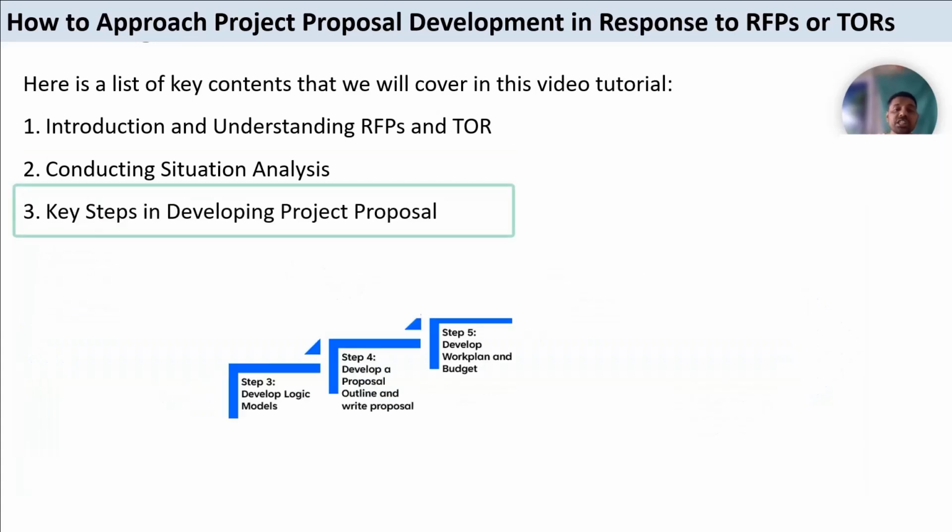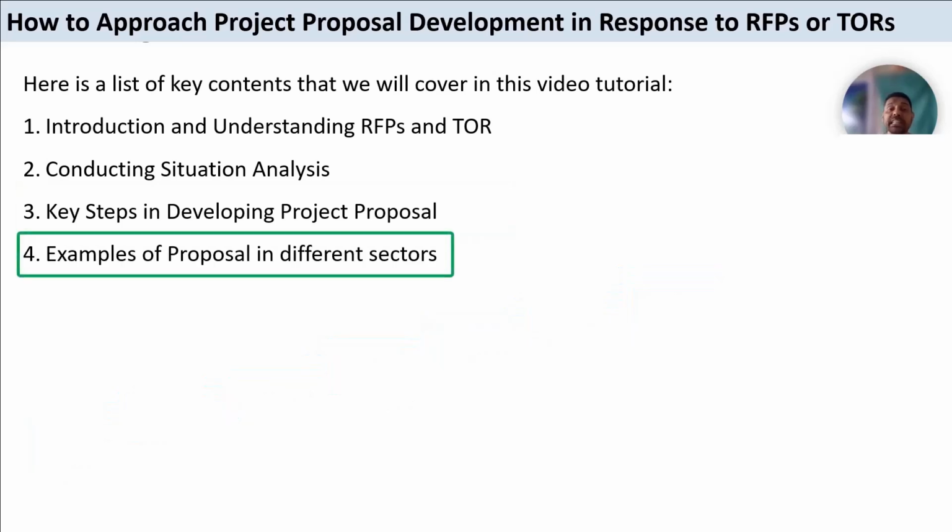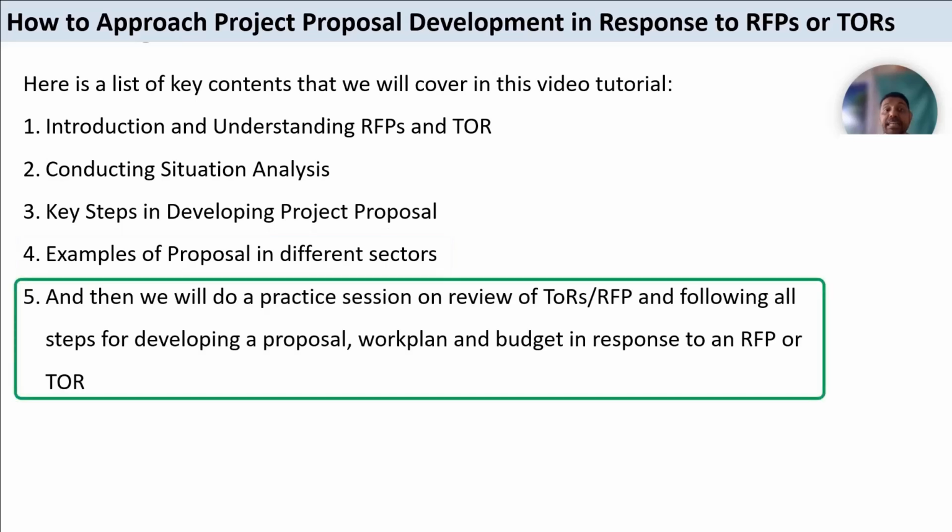Then the key steps which we need to ensure while developing a project proposal. We will also explore some examples of proposals in different sectors. And then at the end, we will do a practice session on a review of ToRs or RFPs and developing a proposal, work plan and budgets following all steps in response to an RFP or ToRs.